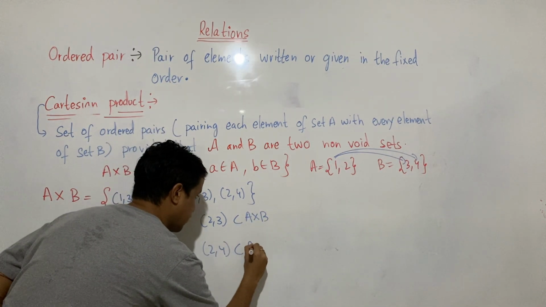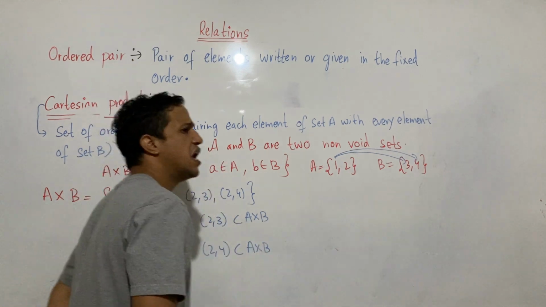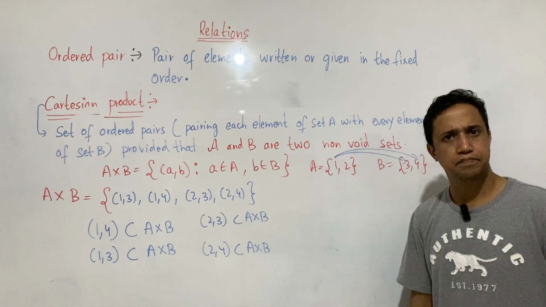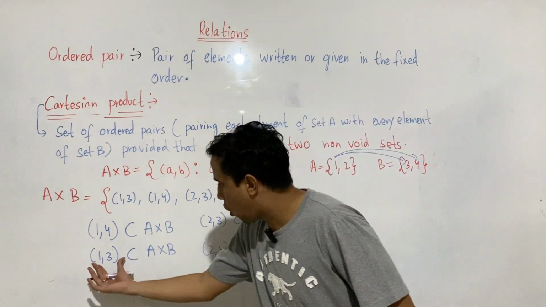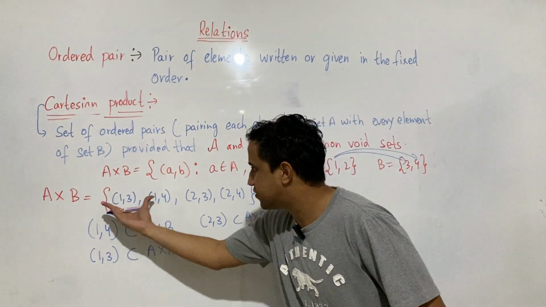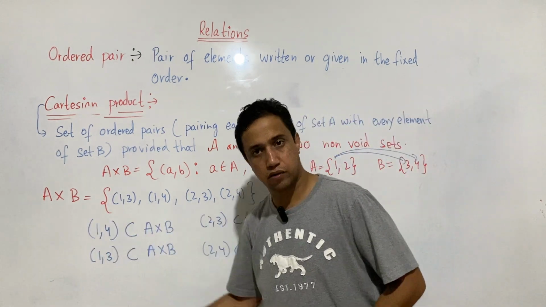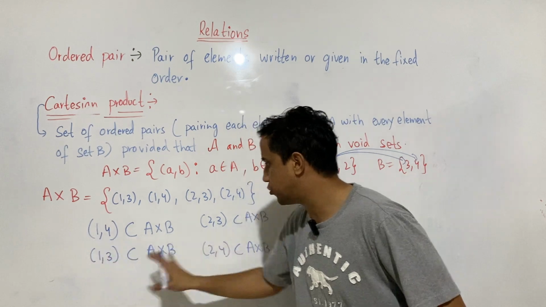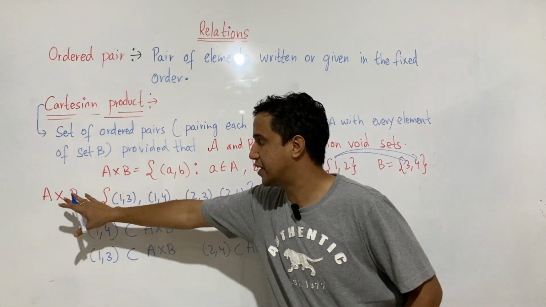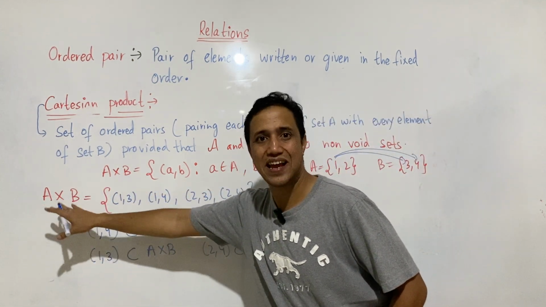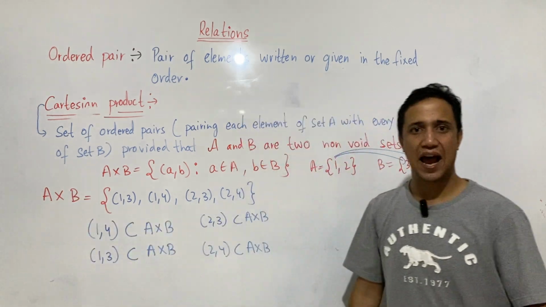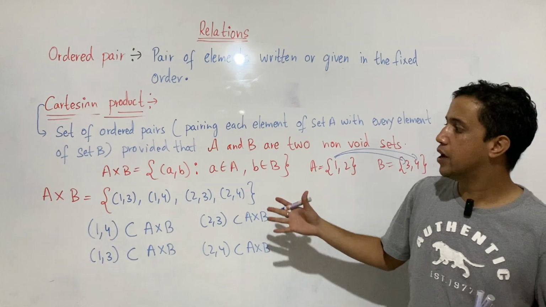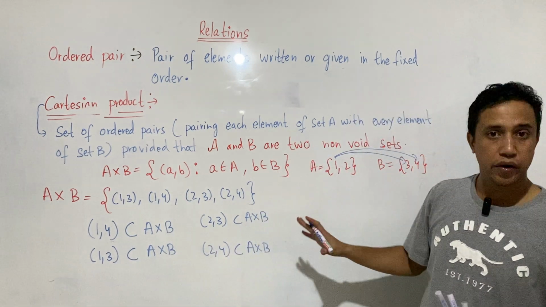Why? Because I have taken this ordered pair from this set. So these ordered pairs are part of this main set, A Cartesian product B. So that's why I am saying that these ordered pairs are subsets of the main Cartesian product A Cartesian product B. I hope this is very obvious, and I hope you agree with me.